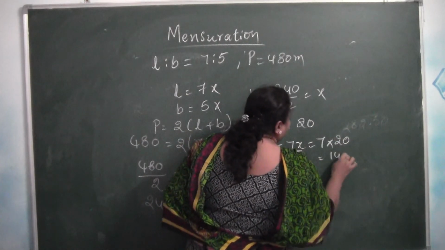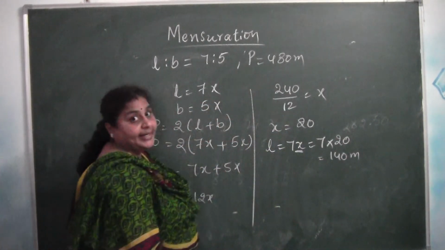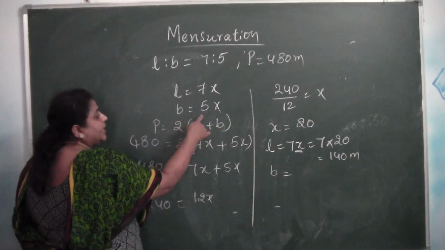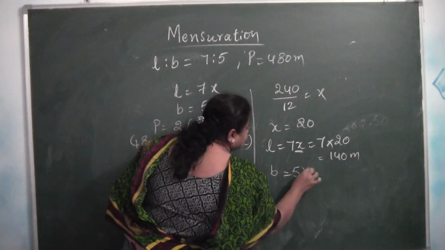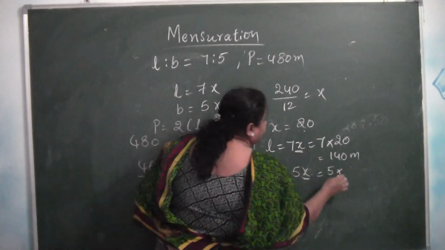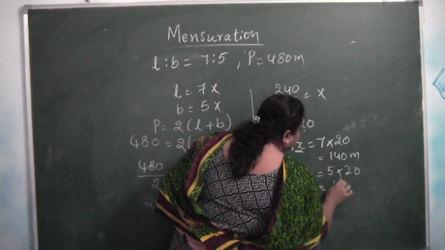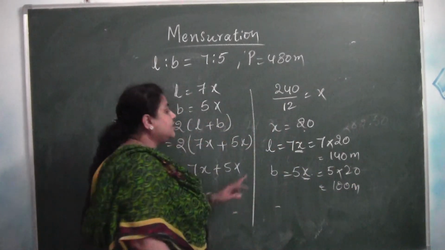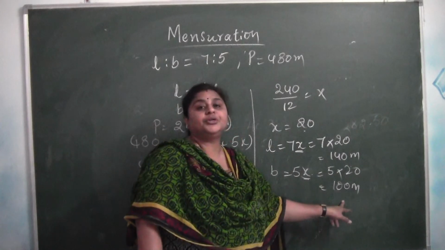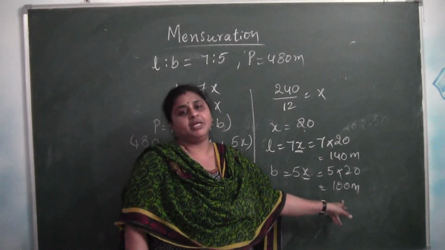That is equal to 140 meters. Then how about breadth? We assumed the breadth to be 5x. 5 into the x value we got, 20. That is 100 meters. So length is equal to 140 meters and breadth is equal to 100 meters.